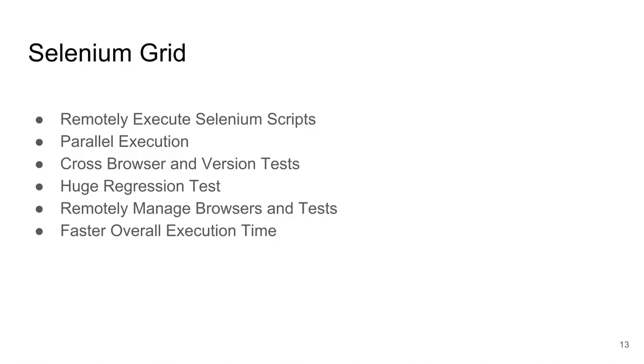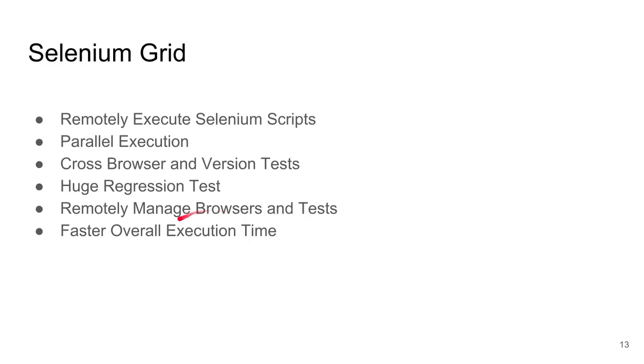Let's go to the next slide, that is Selenium Grid. I've already told you, when we want the test cases to be executed in a faster way, on a remote machine so that I won't be disturbed, and if I want the same test case executed at the same time on different environments, different operating systems and different browsers, I can take the help of Selenium Grid.